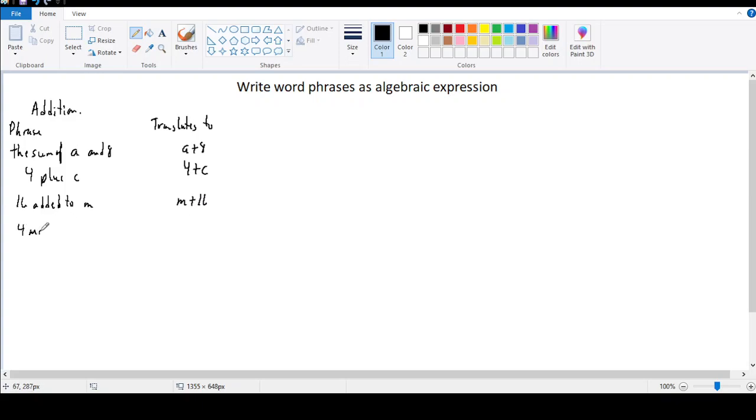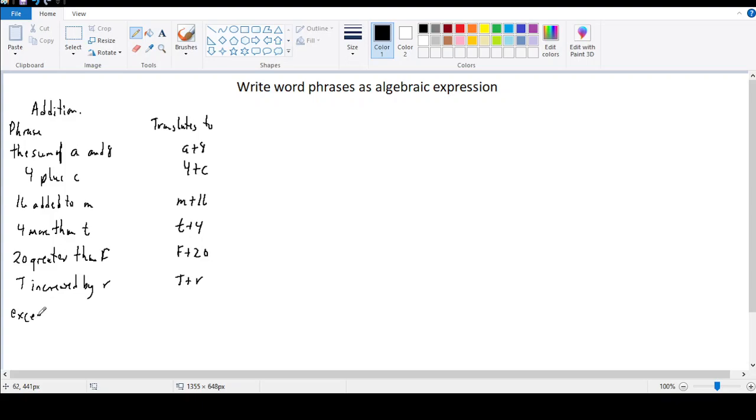4 more than t, so we can put t plus 4. 20 greater than f will be f plus 20. t increased by r, so t is being increased, so you add r to t.